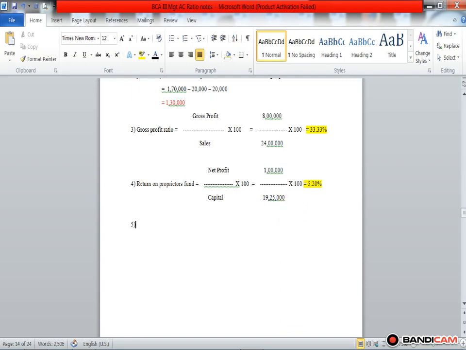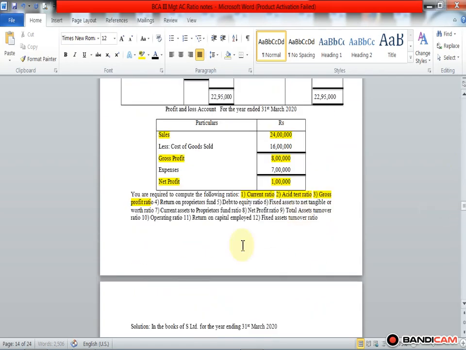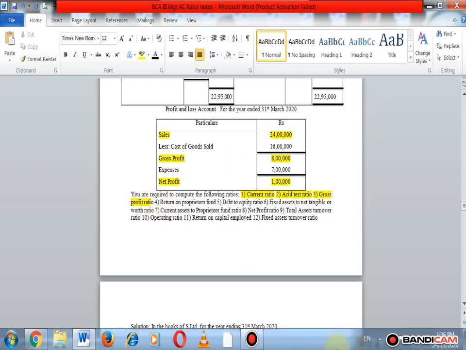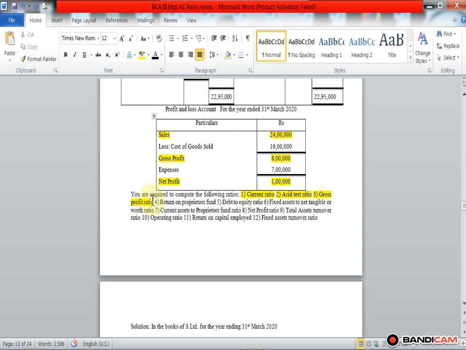Now we find out the fifth ratio. Here we solved the fourth ratio, return on proprietors fund.